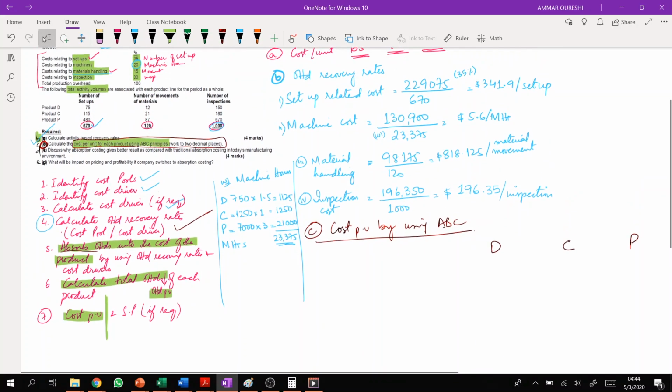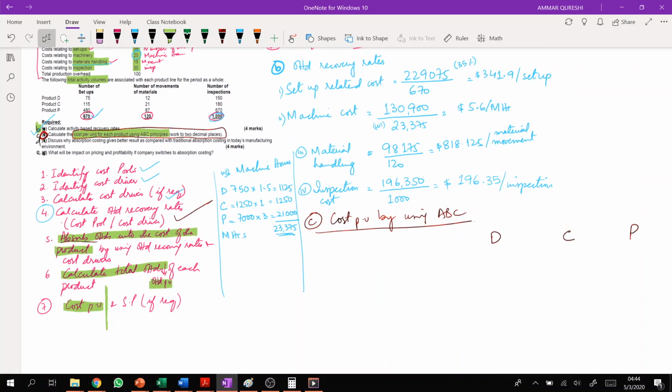So let's start absorbing overheads into the cost of the product. The first cost is setup related cost, and setup cost is around 341.9 per setup.